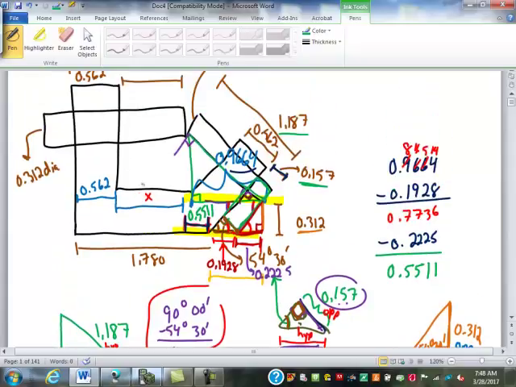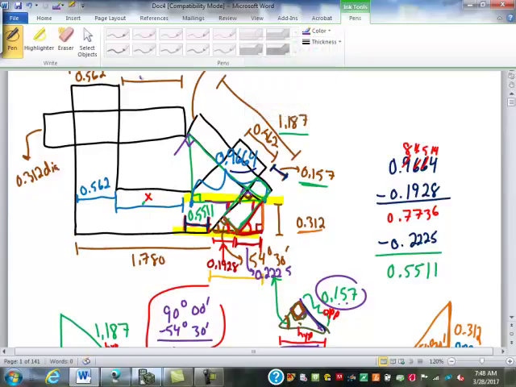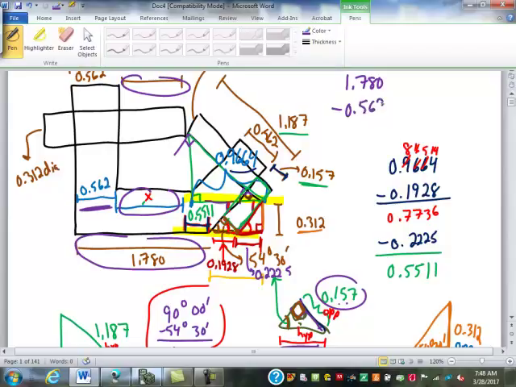Which tells us that x, which was this dimension here, the same as this one, is going to be the whole 1.780 minus the 0.562 here.